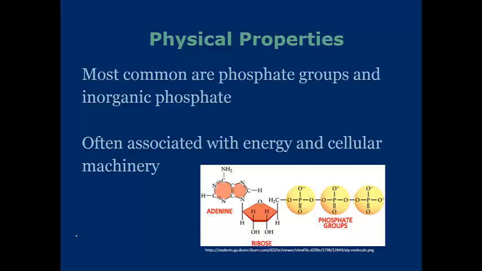So when you go from adenosine triphosphate to adenosine diphosphate, you get a pretty substantial energy payout. But when you go from adenosine diphosphate to adenosine monophosphate, you'll see a substantially lower payout. Being able to recognize these phosphates and how they behave in organic systems is going to be very important.